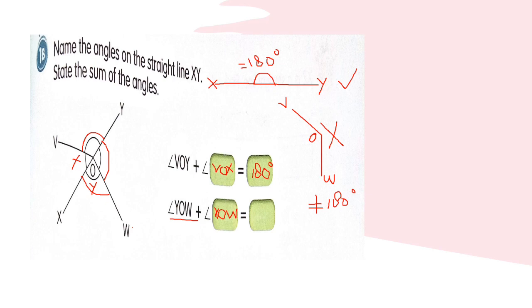Because XY is a straight line, remember, karena garis XY adalah satu garis lurus, maka total sudutnya itu akan sama dengan 180 derajat. Oke, ingat, satu garis lurus, total sudutnya akan sama dengan 180 derajat.